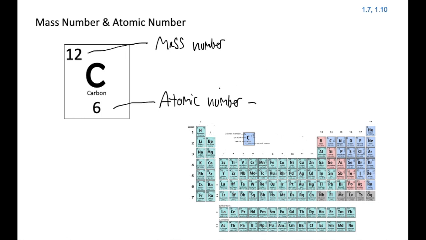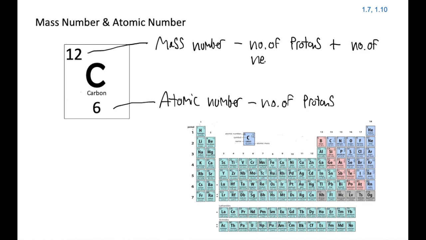The atomic number tells us the number of protons contained within the atom, and the mass number tells us the number of protons plus the number of neutrons that we have in that same atom.